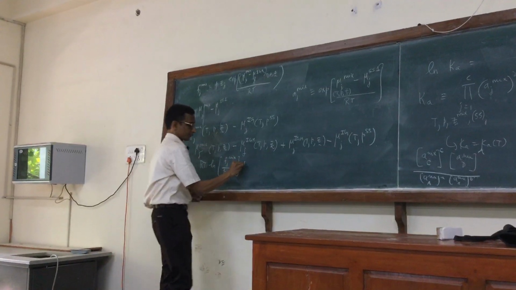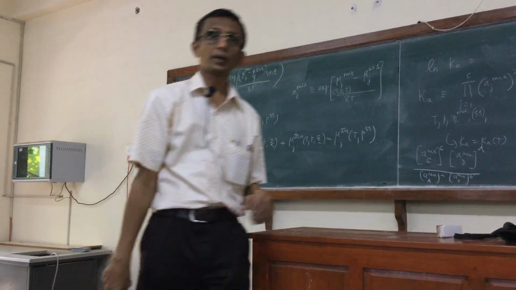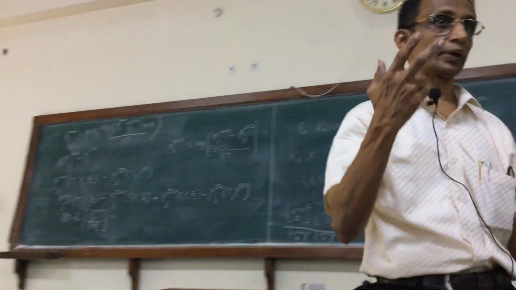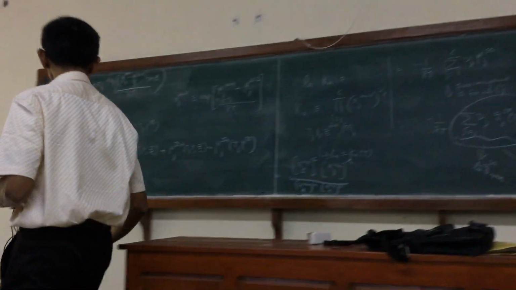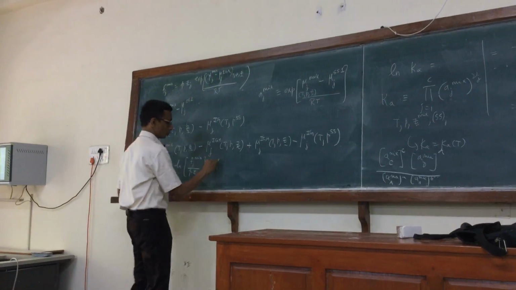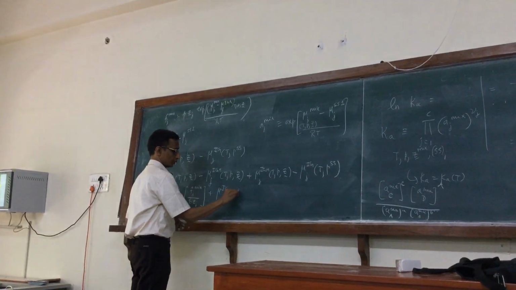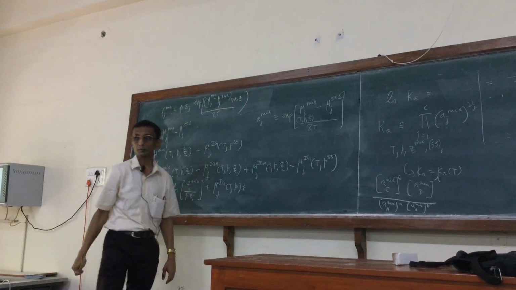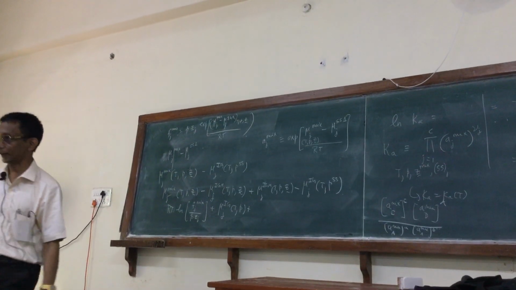Now what about this? This we know how to write, the property of the ideal gas mixture. We know that the defining equation for the chemical potential of any component is equal to plus RT log Zi.